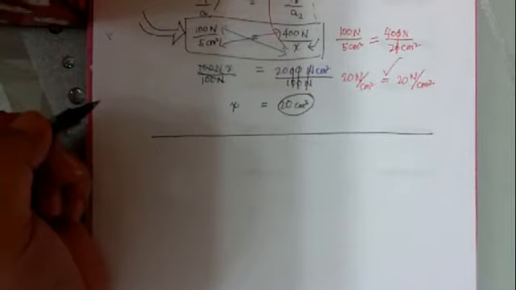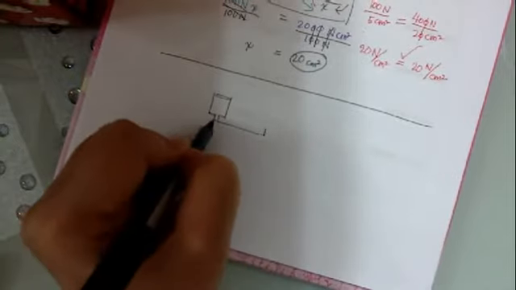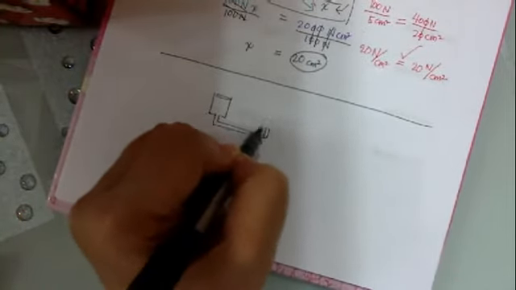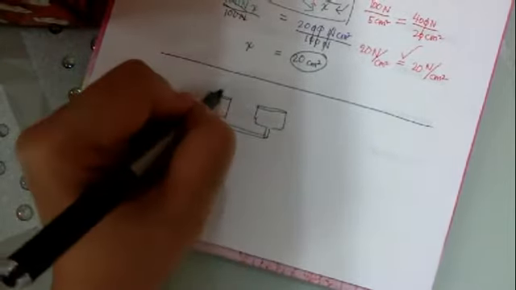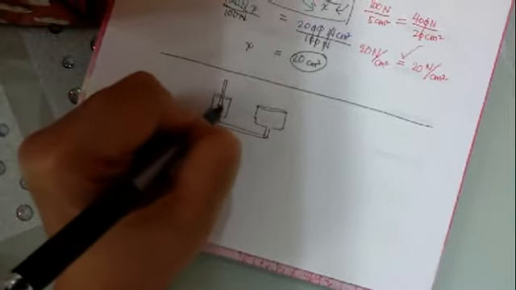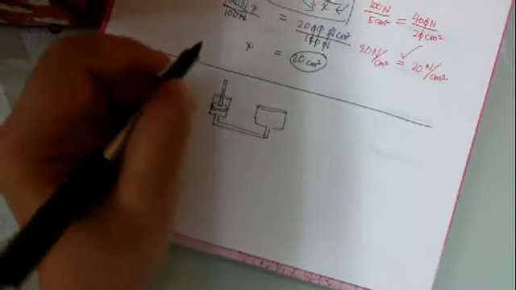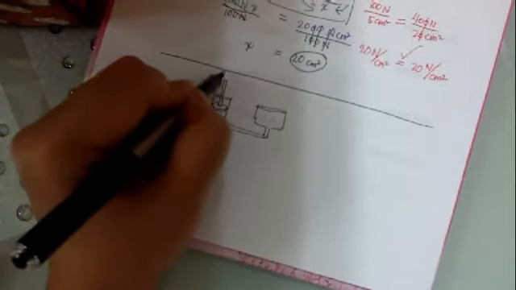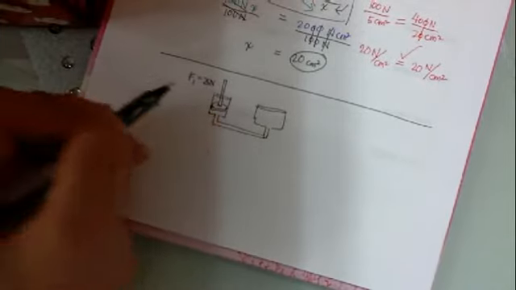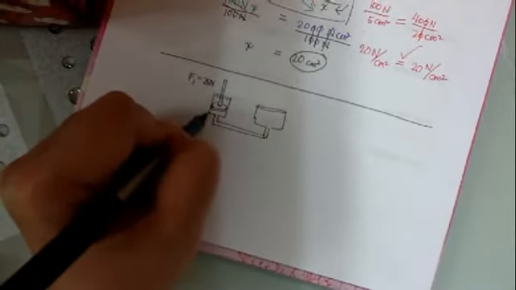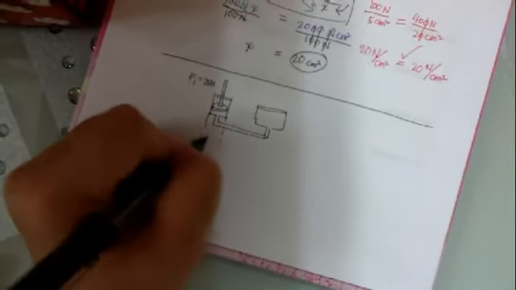But for the meantime, try and solve this. A simple hydraulic system: you have a piston here attached by a pipe, and you have another piston here. The master piston, piston 1, exerts a force of 25 newtons, and its area is 2 cm squared.